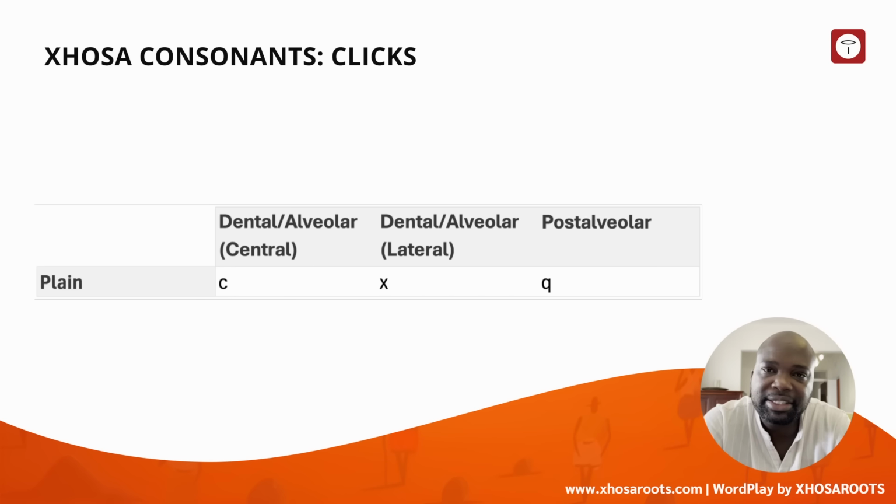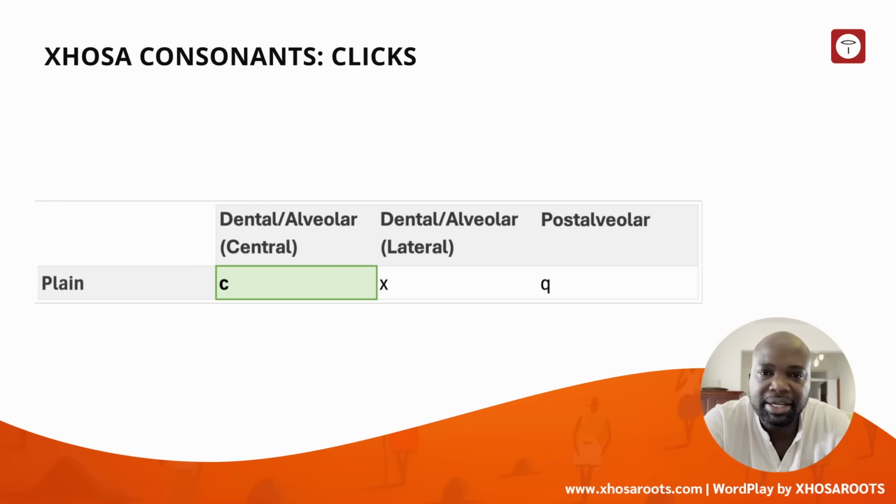And as said, these have variations of their own. So when we look at the dental clicks, the central dental click, which is the plain version, is as in cela, to ask. All these clicks have the same variations.